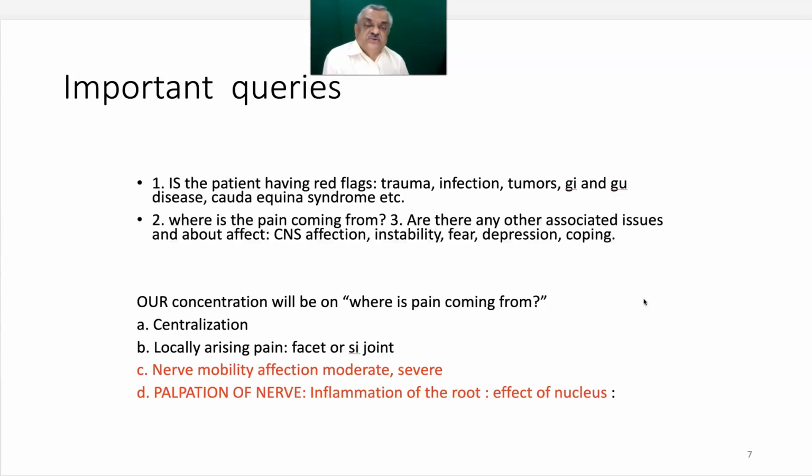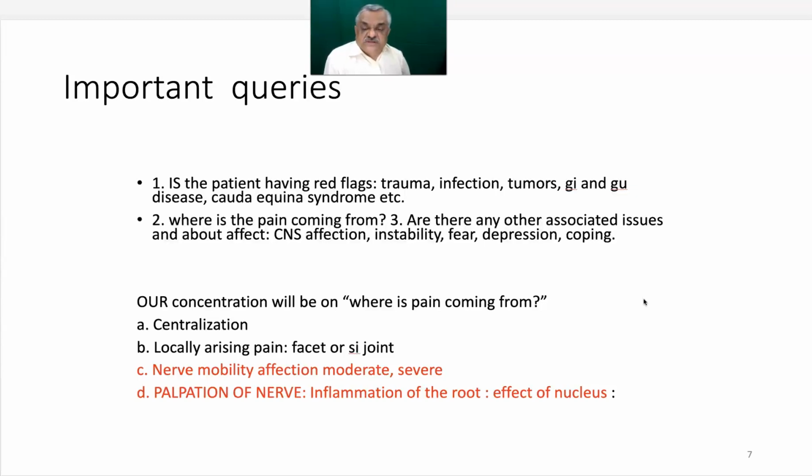That is, in case of trauma, infection, tumors, genitourinary and gastrointestinal diseases, and Cauda Equina syndrome, we either have a gross neurodeficit or we have such a severe pain that the patient is tossing in bed or is unable to sleep, or the pain is there all the time, even at night. We have seen that in case of neuralgia, many times the pain is present at night, but it is mainly because of the cold at night rather than seriousness related to the red flags.